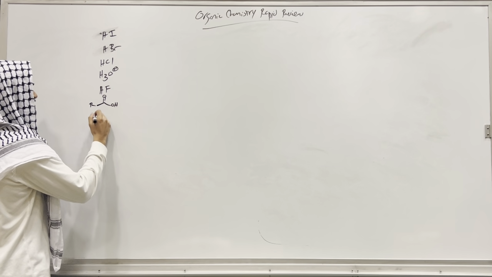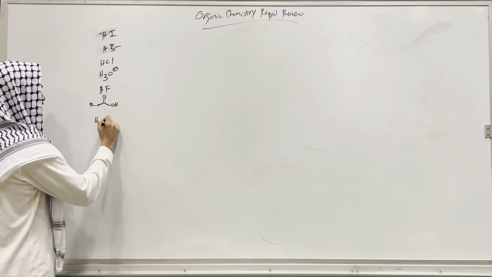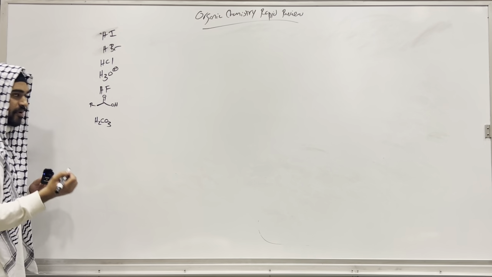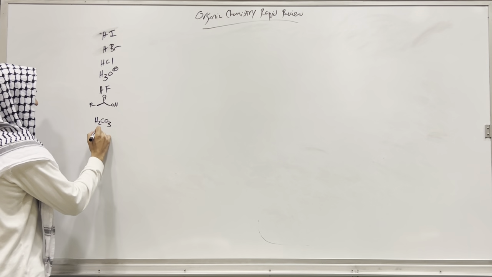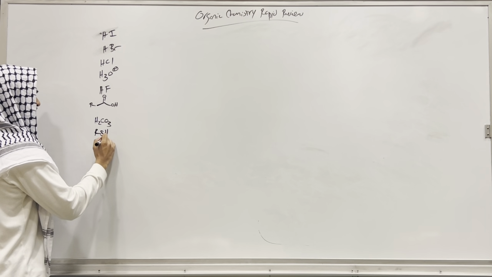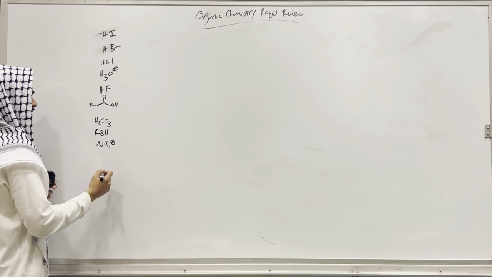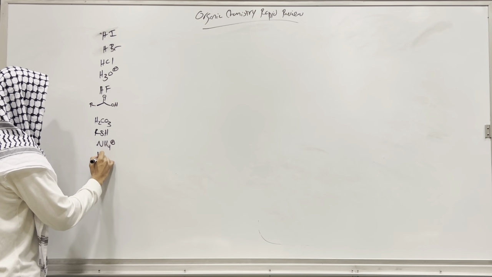After our carboxylic acids was our bicarb, our carbonic acid. Then we have RSH, then NH4, and then after NH4 we have HCN.